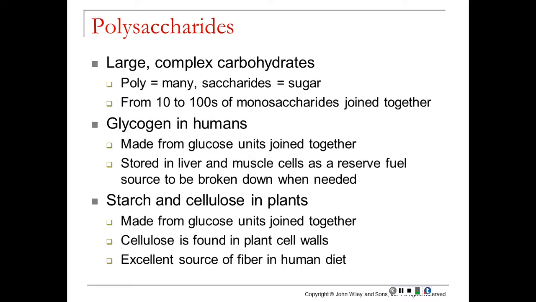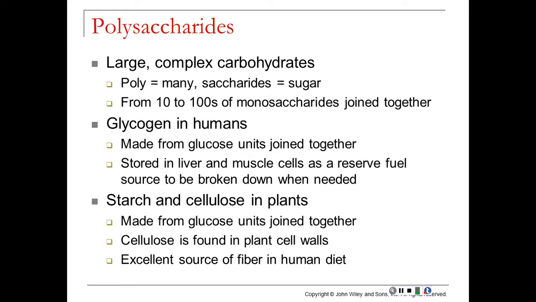That glycogen is going to be stored in your liver as well as in your skeletal muscles, which makes sense because if you are exercising or doing something that requires immediate energy, you want that glycogen to be readily available to your muscle cells so that it can be broken down into glucose and then translated into ATP to be used as fuel and energy for the body.